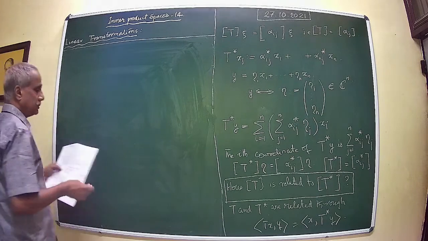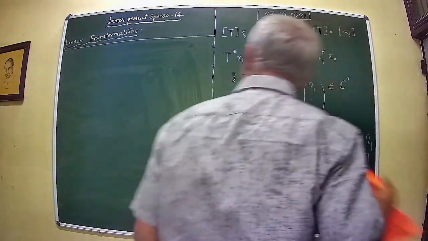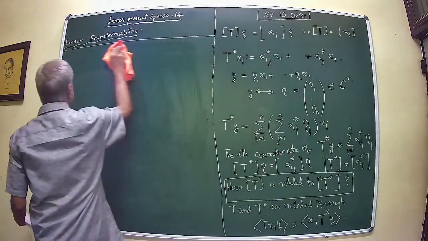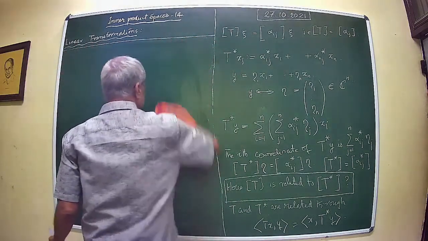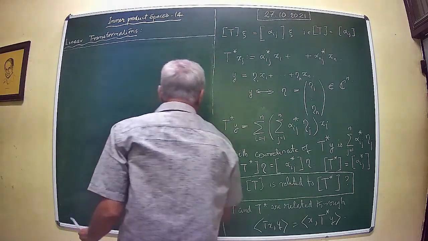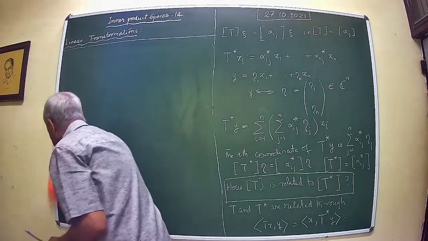So we observe the following. x is represented by psi 1, psi 2, etc., psi n, and y is represented by eta 1, eta 2, etc., eta n.